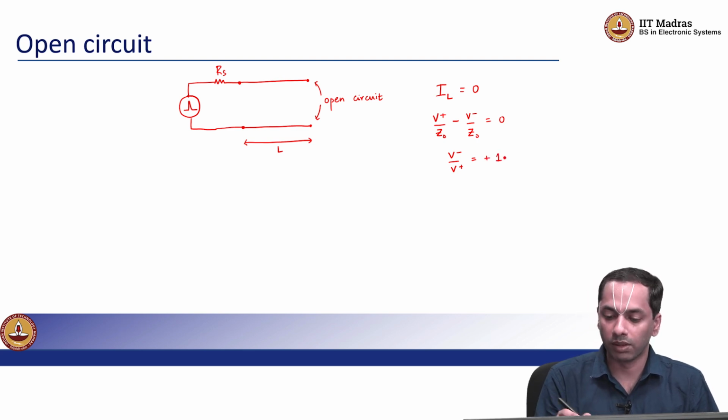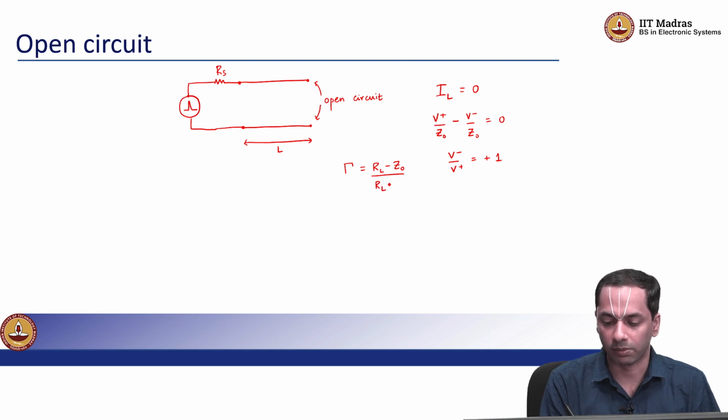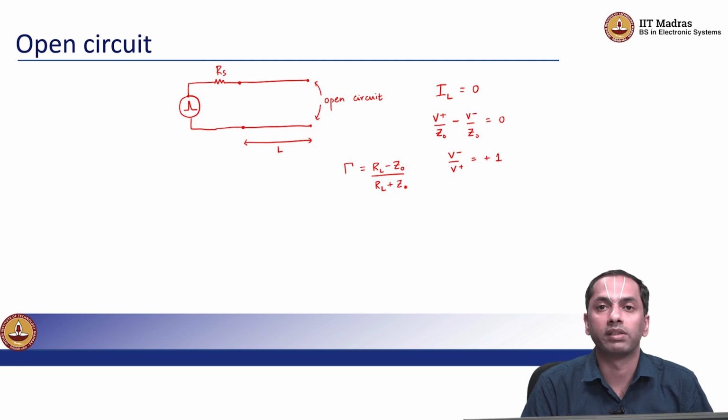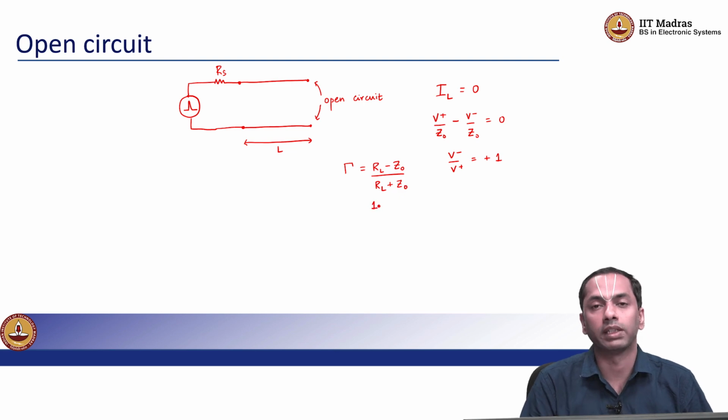So, if you can recall the expression for the voltage reflection coefficient that we derived last week, given a load resistance RL and a characteristic impedance of the transmission line Z naught, we said that for very large RL's, RL approaching infinity, gamma approaches the value 1, right.